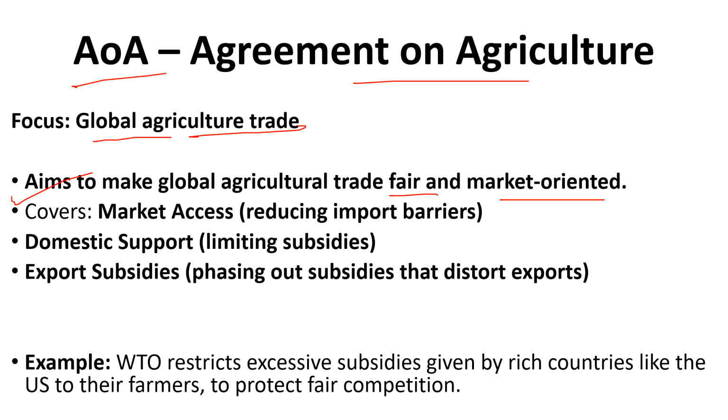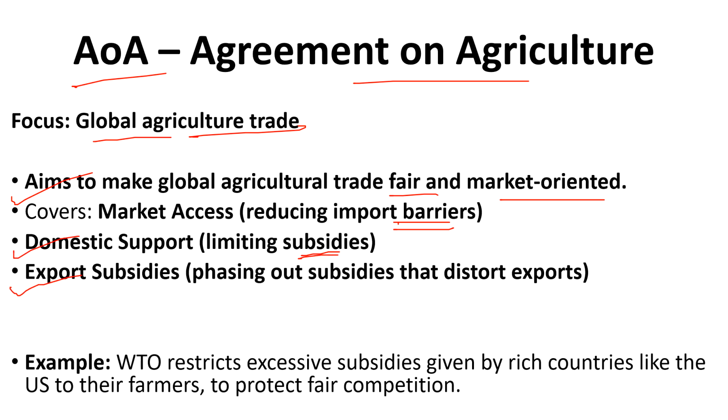It covers market access, reducing import barriers. If there is a country which is imposing barriers on the imports of agricultural products, then AOA, Agreement on Agriculture, will give other countries a right to reduce the import barriers. Understanding? Domestic support, limiting subsidies, right?